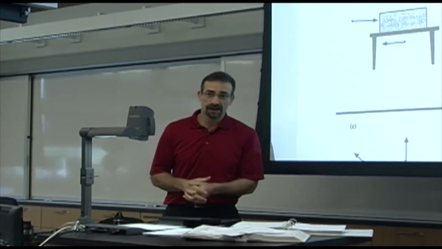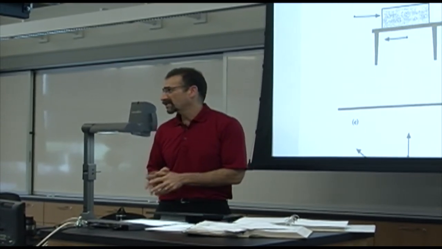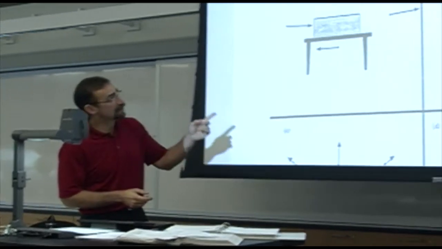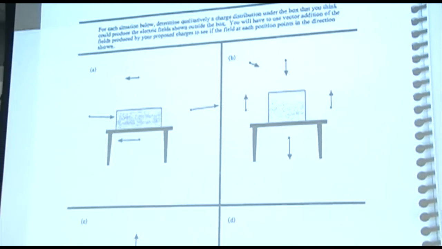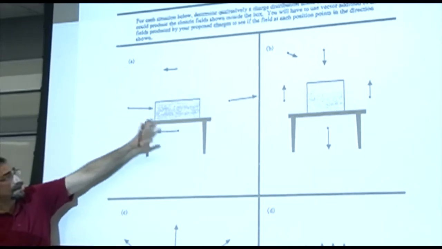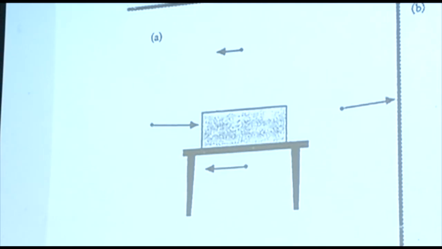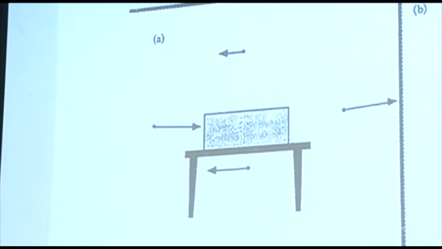Is there one charge or multiple charges? Are they positive, negative? What charges inside that box would create an electric field that has this shape of the given points outside the box? You understand? Okay.